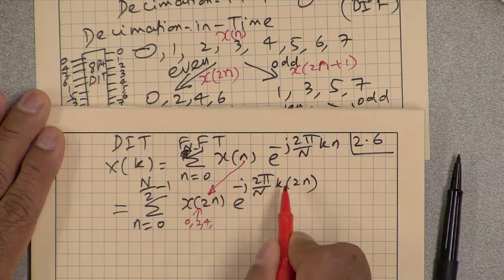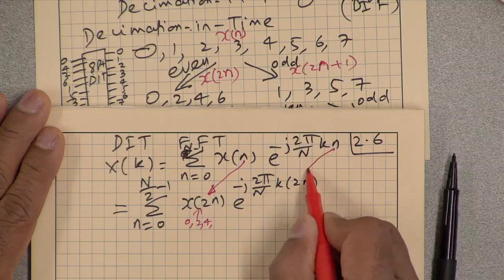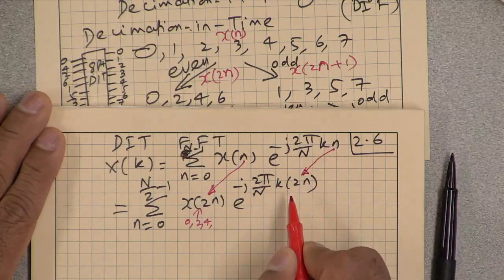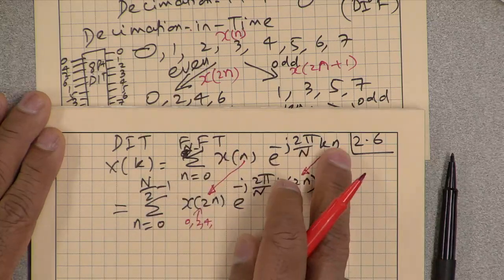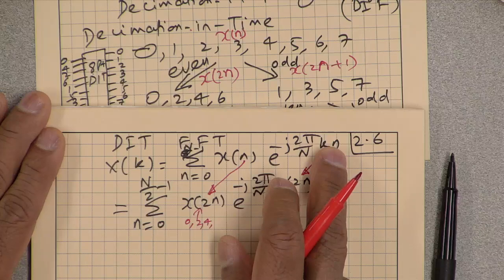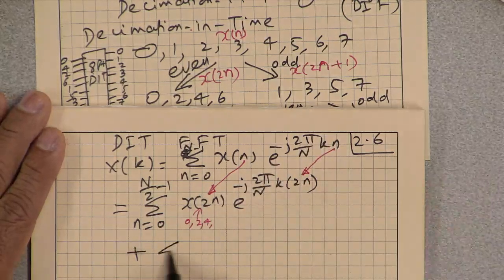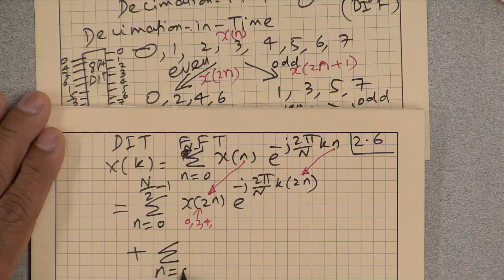It doesn't really matter. And then replace this n by 2n to only capture the even samples. So this sum is now going to be two different sums, one containing the even samples and another containing the odd samples.